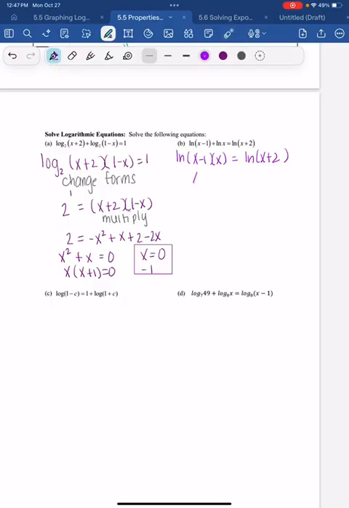So this is going to be x minus 1 times x, equal base, equal arguments. So this is x squared minus x equals x plus 2. Set it equal to 0. Subtract x, subtract 2. Okay, and then from here, I believe we're going to have to use the quadratic formula.